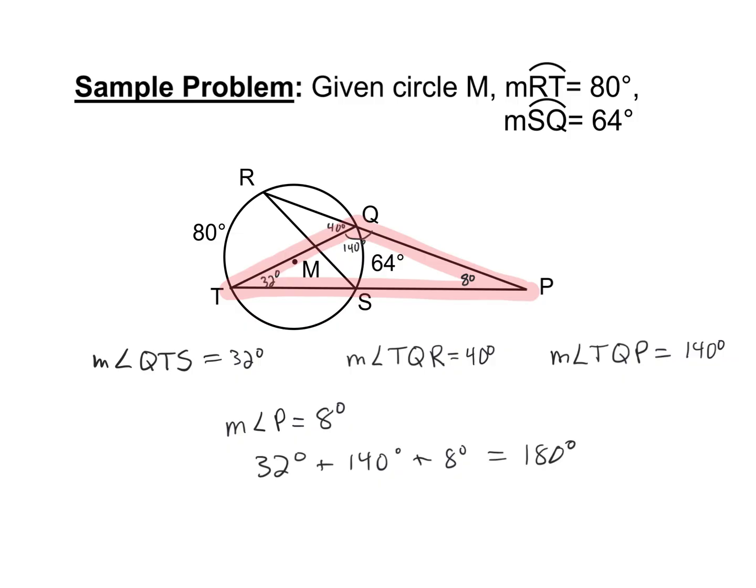So you'll notice that when we did this, we used information about triangles, we used information about supplementary angles and linear pairs, as well as looking at our inscribed angles. So don't forget the skills that you already know.